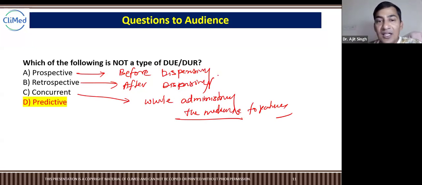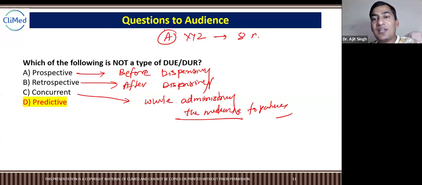A doctor is seeing the patient XYZ, and he writes 8 medications for multiple diseases. This patient has multiple problems, so it comes under polypharmacy.